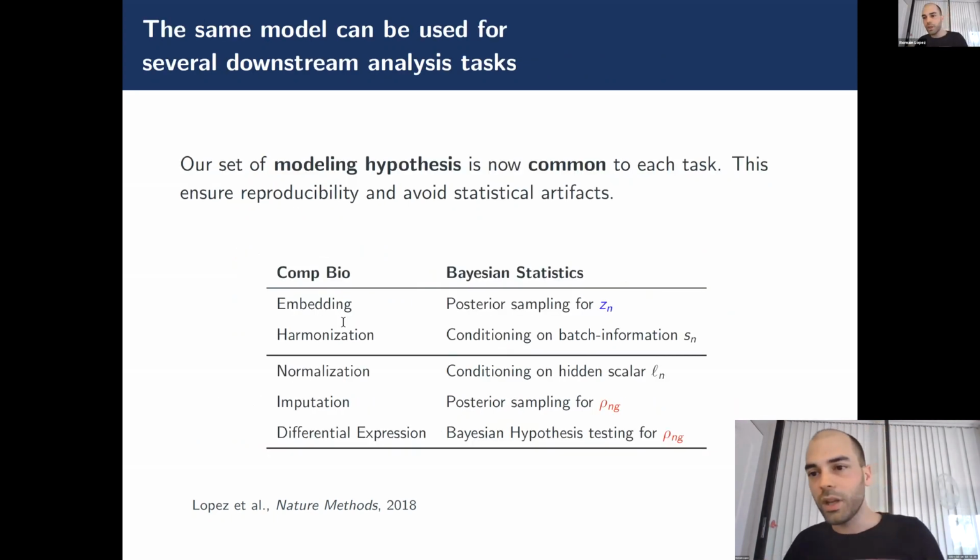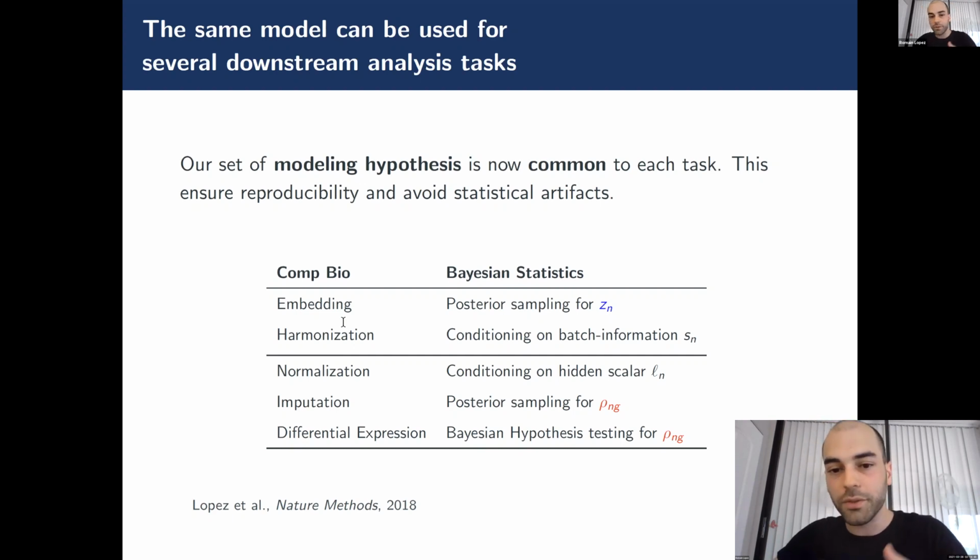So now what's pretty nice with this model is that we have a set of modeling hypotheses which is common to all the tasks. And so now I'm going to try to convince you that we can solve all the previous tasks. We were talking about stratification and embedding.